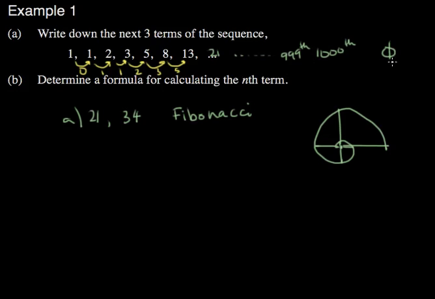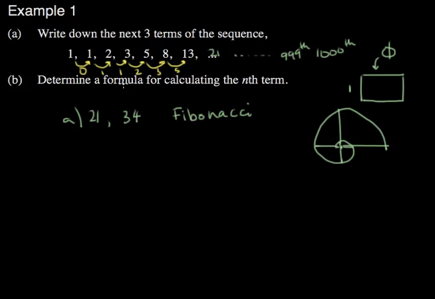That's quite an interesting thing, because this number here is what makes things look pleasant. It's aesthetic. So if you call this length 1, and you call this length this number, which is phi, then this rectangle is called a golden rectangle. It just looks very pleasant. And you'll see this in good looking faces. You'll see this relationship all over the place, and it's quite an interesting part of maths.